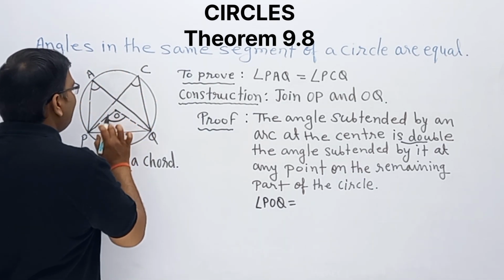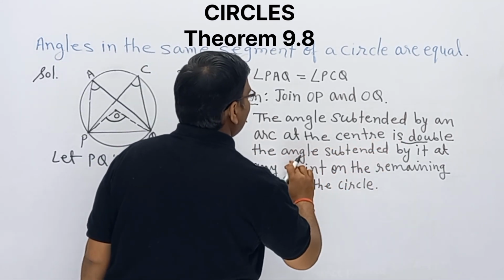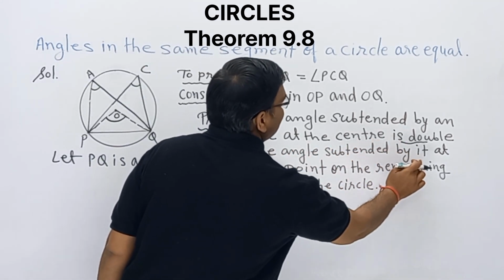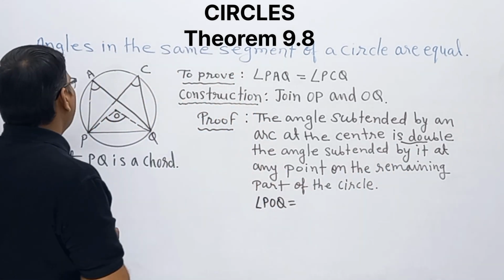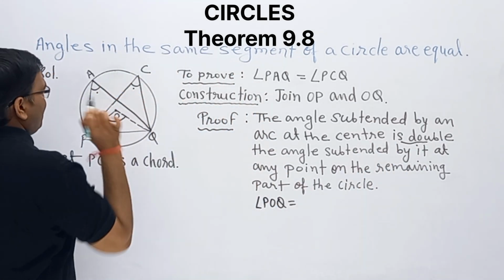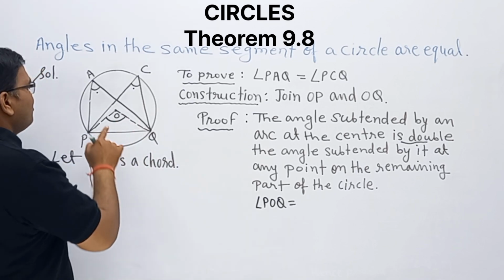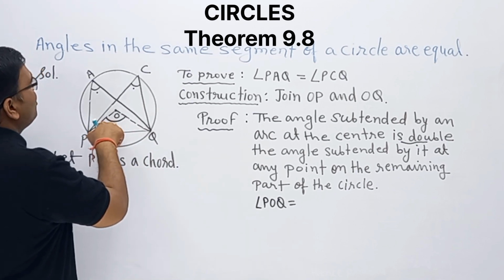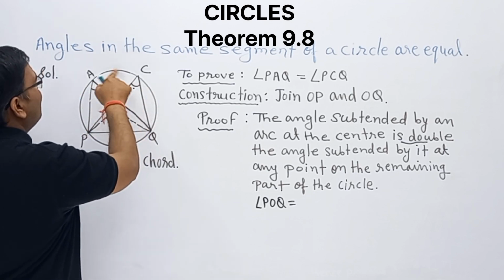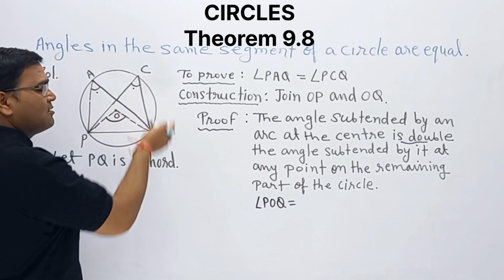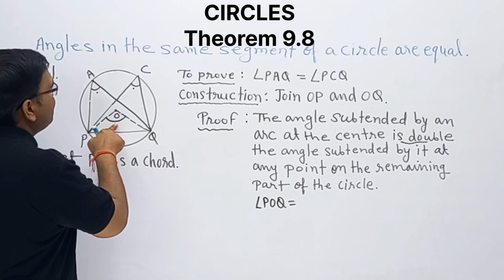So this angle is 2 times this one, or any other angle on this circle. Clear?